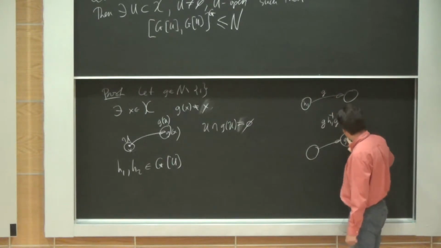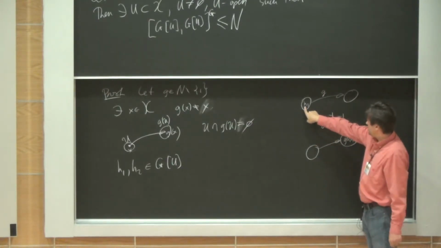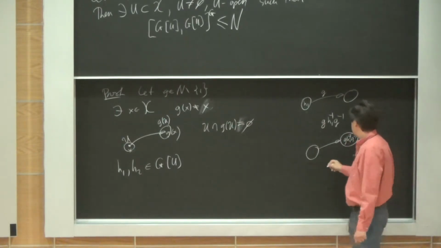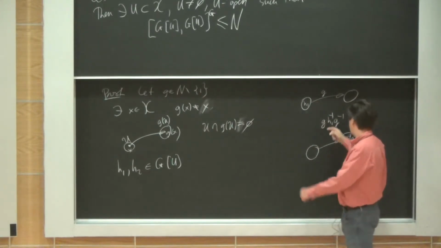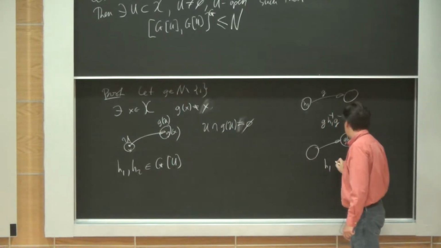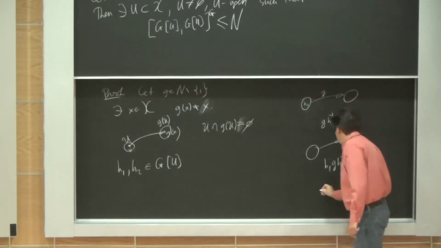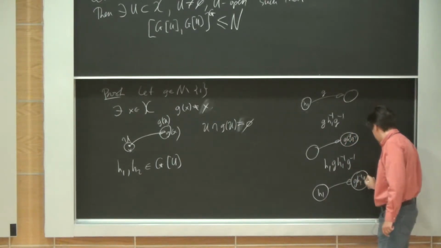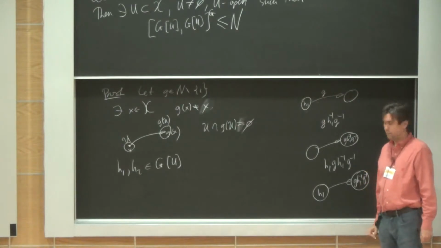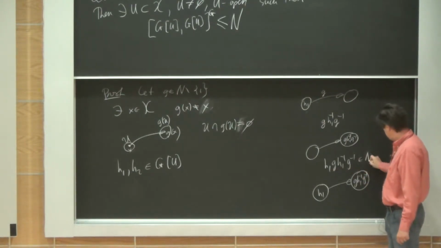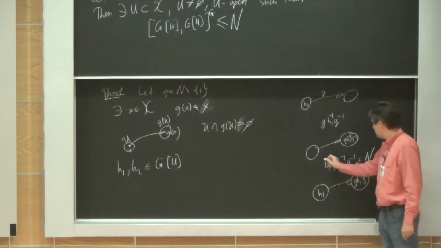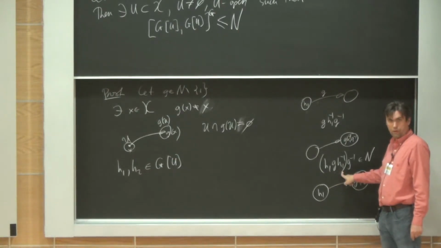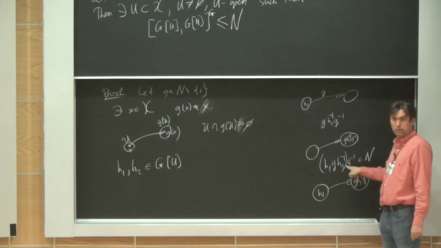Actually, let's take the inverse of this; it's the same. h1 inverse acts only here, so if you conjugate, the conjugate will act only here. Now if you multiply, h1 times g h1 inverse g inverse will act as h1 in this part, then some way here, and identically everywhere else. But note that this belongs to the normal subgroup N, because g is an element of the normal subgroup and this is a conjugate of that element. So this is in N.